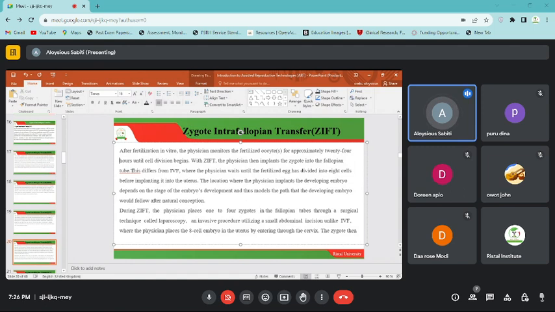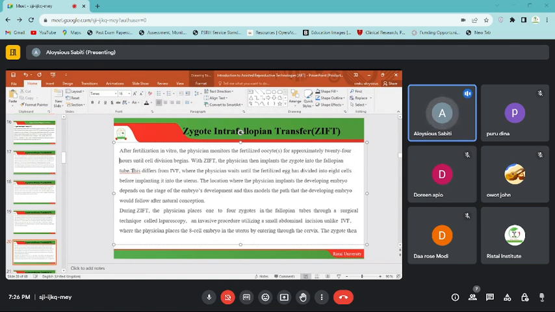However, in in vitro fertilization, the physician has to wait until the eggs are divided into 8 cells before it can be implanted into the uterus. Whereas here it is on a short term and it is implanted into the fallopian tube, in IVF it is implanted into the uterus.